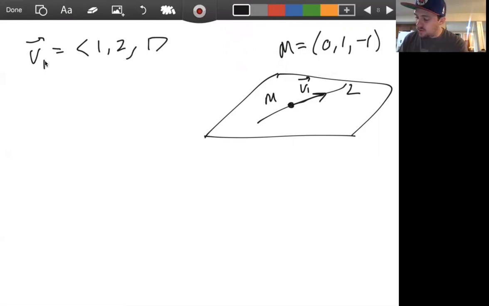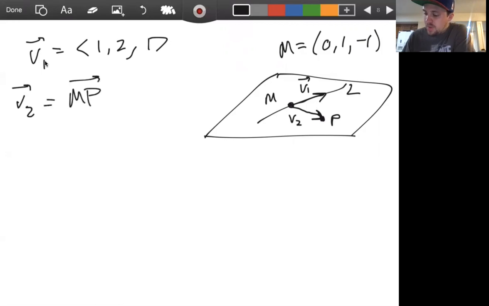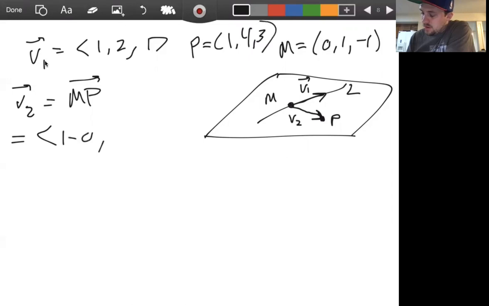Next, we need to find V2. And we can find V2 because we know 2 points. We can make V2 to be the vector between these 2 points. And so we let V2 be MP, which is going to be, if M is (0, 1, -1) and P was (1, 4, 3), then MP is going to be 1 minus 0, 4 minus 1, and 3 plus 1.